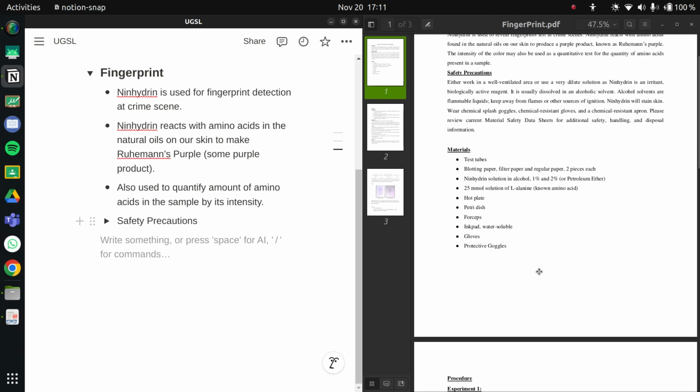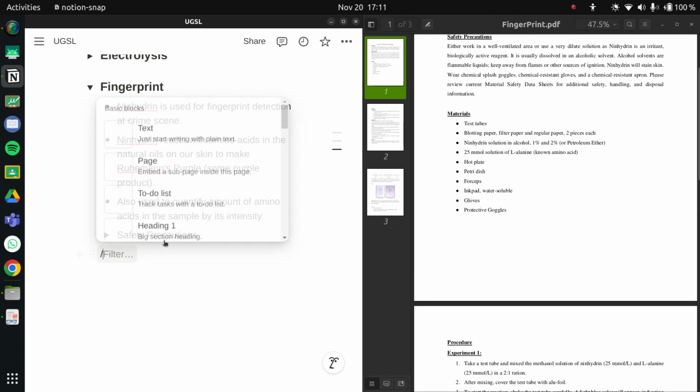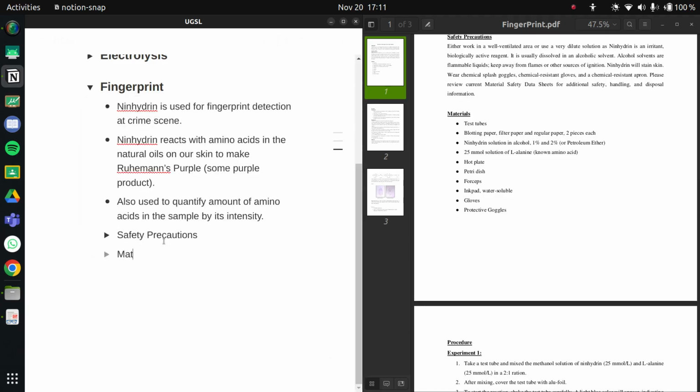Then the materials. So we require test tubes, blotting paper, blotting filter, and regular, two pieces of each.